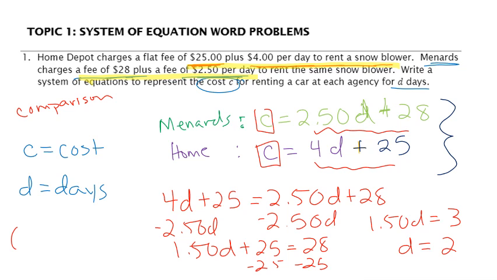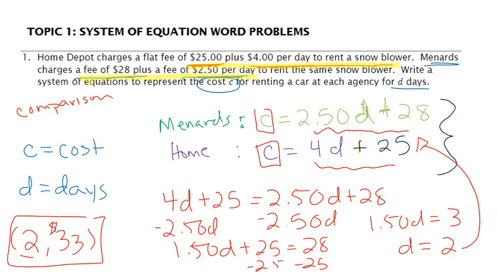The question might say, when are these going to cost the same? At 2 days, these would cost exactly the same. If I substituted 2 back in, that would give me $33. So at 2 days, they would cost exactly the same, at $33. If they asked when these would be the same, that's what that point of intersection would mean.